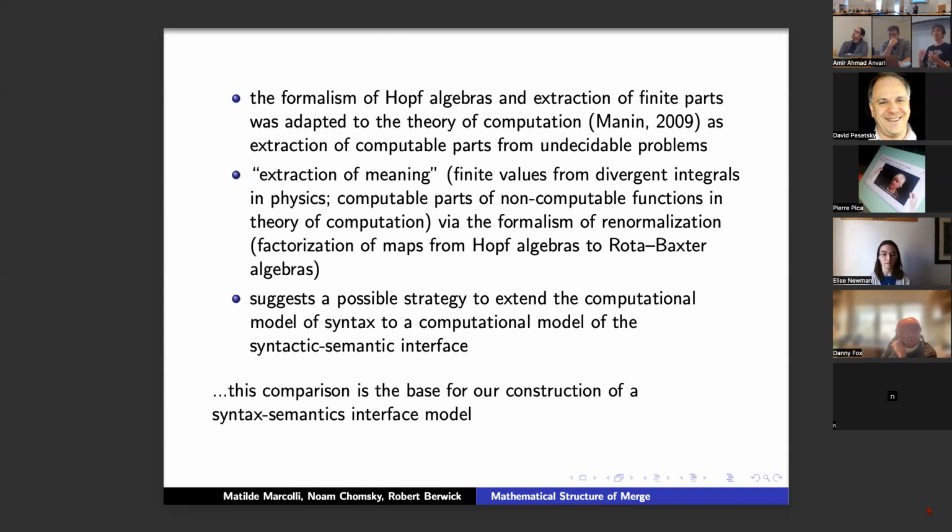And again, it's a problem of infinities, where infinity in this case is the fact that the halting problem is unsolvable. But you can see whether substructures actually carry computable parts. So there's an intermediate step that tells you already that this formalism of physics applies to settings that are closer to what one sees in computation, but they deal again with a different kind of infinity, a different kind of assignment or extraction of meaningful values. It shows that this formalism has several possible applications that all have the same flavor.